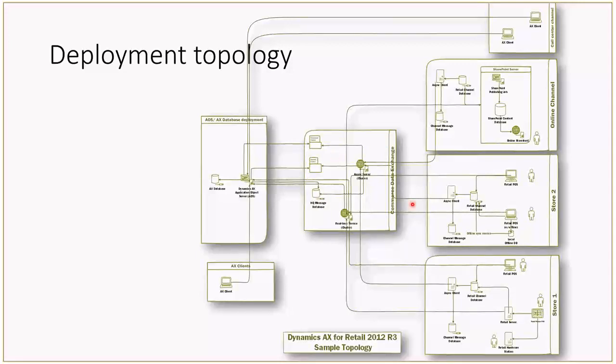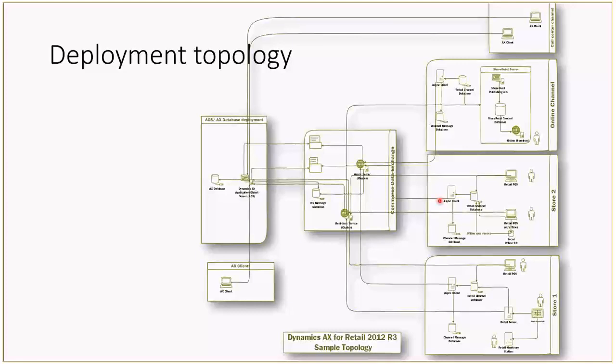So moving on with async server, you'll notice that the other corresponding piece to the async server are the async clients on the channel side. So we have an async client here, we have another one here. So imagine this is an online channel, this is a store, this is another physical store.